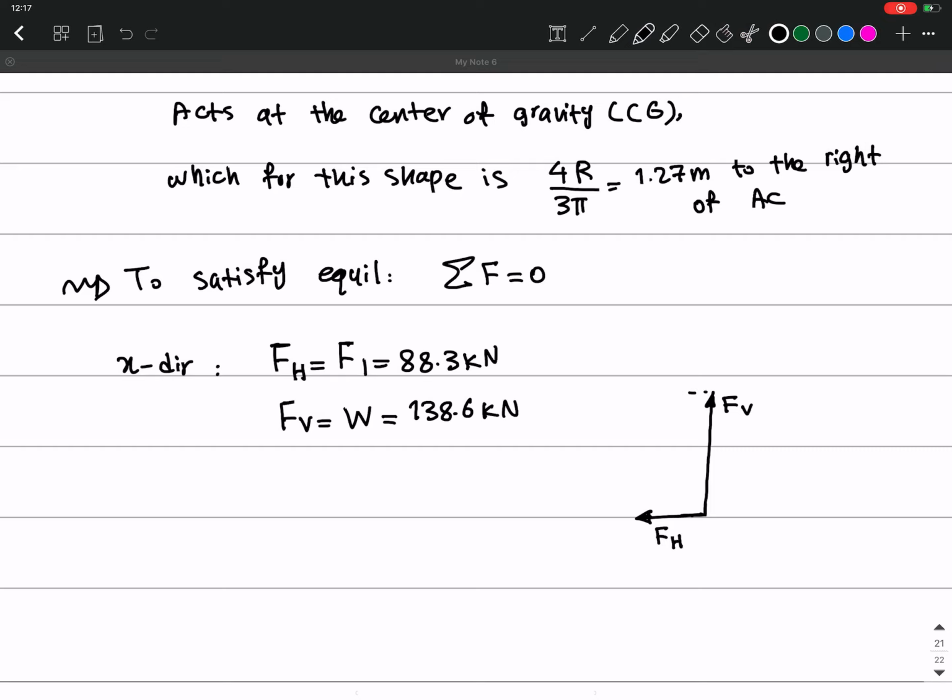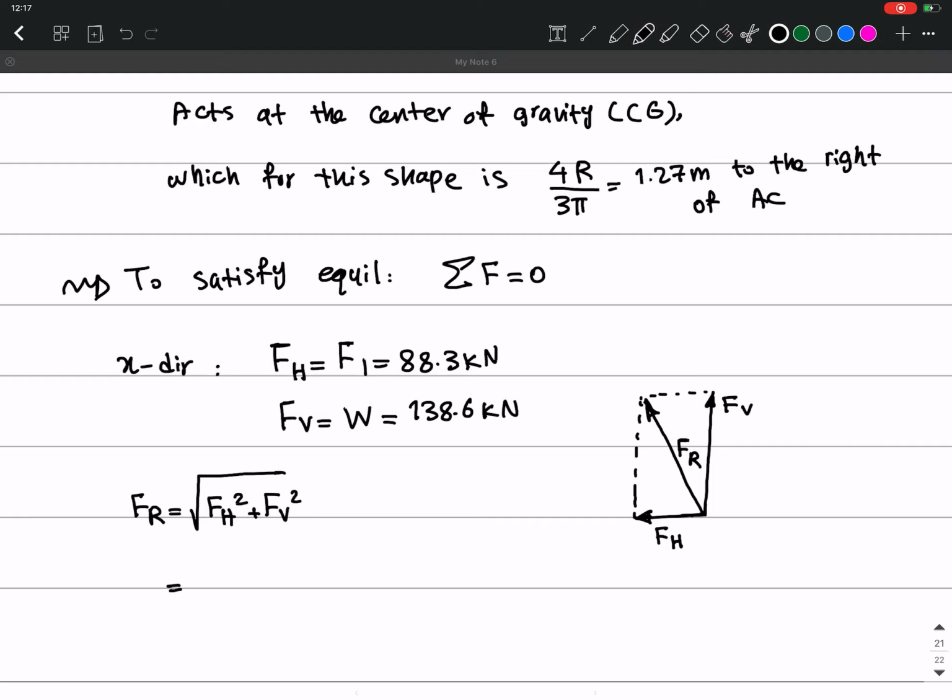So the resultant force Fr can be calculated as the square root of Fh squared plus Fv squared.